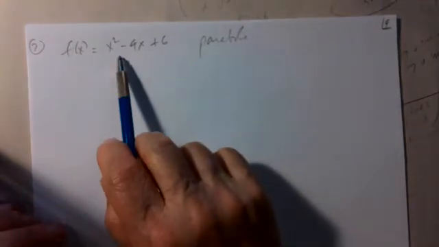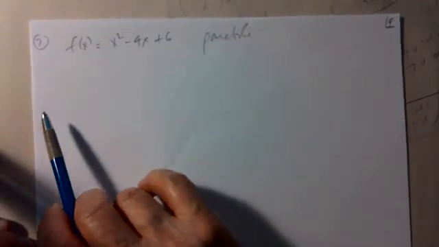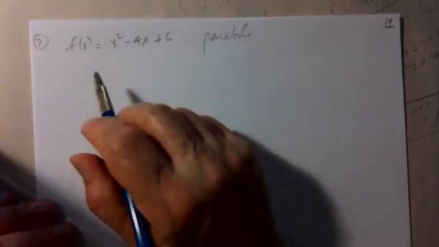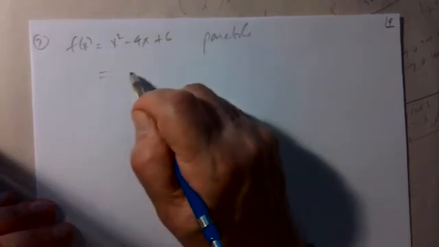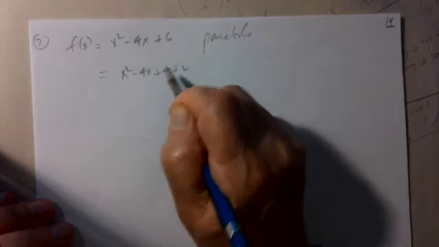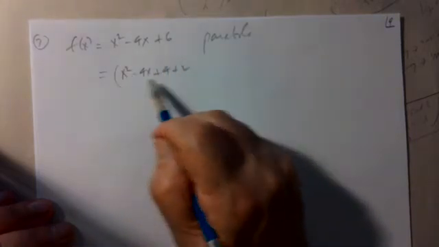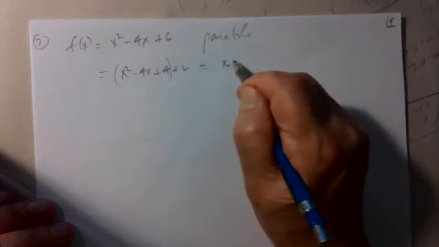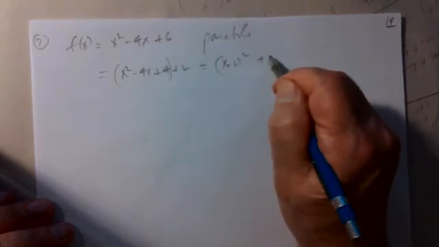The graph of every quadratic equation is a parabola. There are lots of ways to graph a parabola. I could say this is x squared minus 4x plus 4 plus 2, because 4 plus 2 is 6. And x squared minus 4x plus 4 is x minus 2 squared, plus 2.